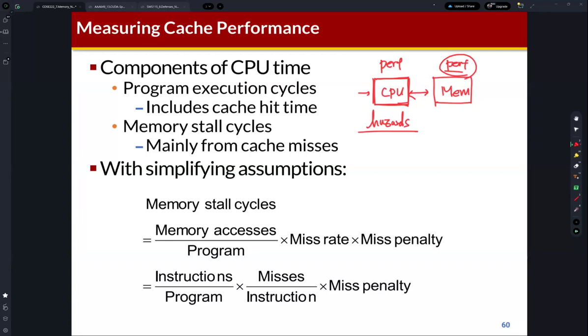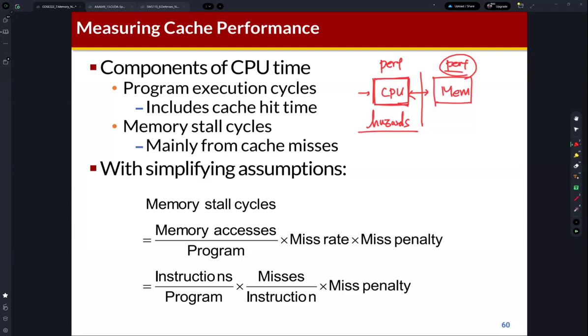Until chapter 4, processor architecture, we assumed every memory is ideal, so we do not consider the additional cycles by memory systems.